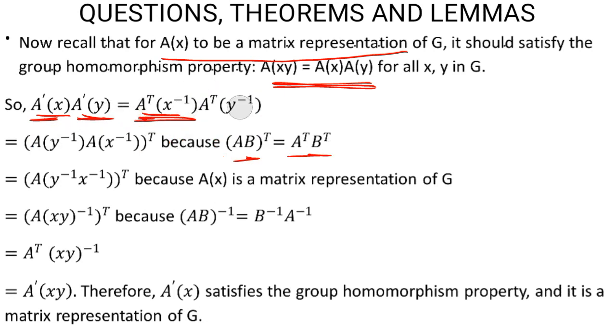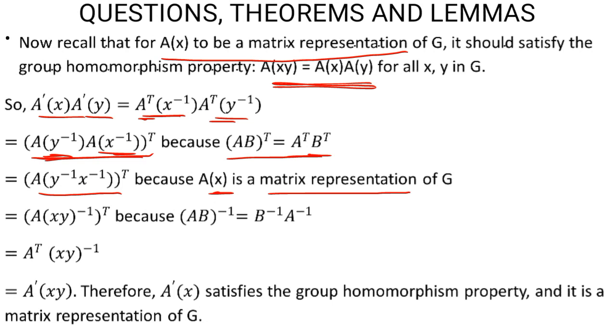Okay, so let's continue now. This came from the definition, and this next step came from the rule here. Now if you have singles of it, you can bring them under one transpose. Now this AY inverse and AX inverse can be written this way, because AX is a matrix representation.